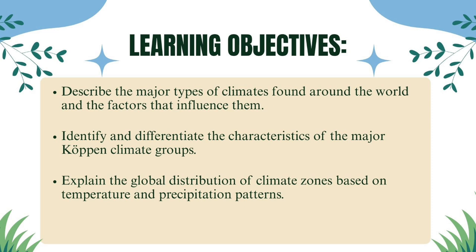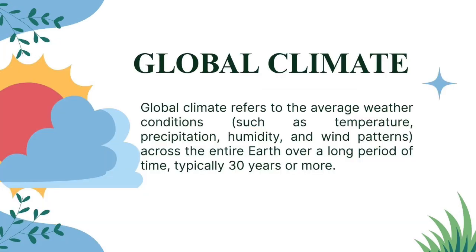precipitation patterns. Global climate refers to the average weather conditions such as temperature, precipitation, humidity, and wind patterns across the entire Earth over a long period of time, typically 30 years or more. As you can see here in my PowerPoint, it involves temperature, precipitation, humidity, and even wind patterns.